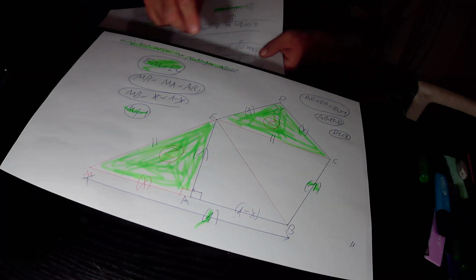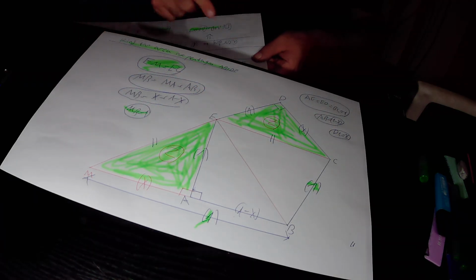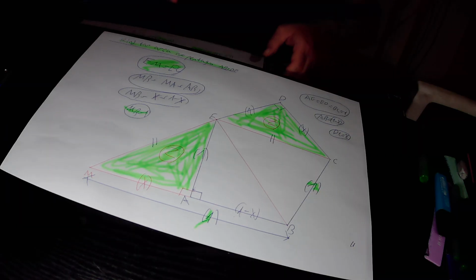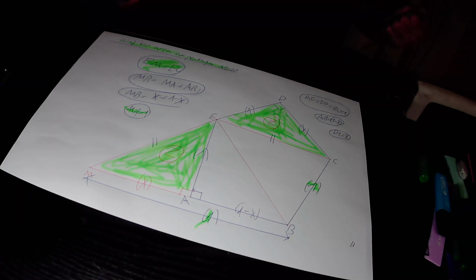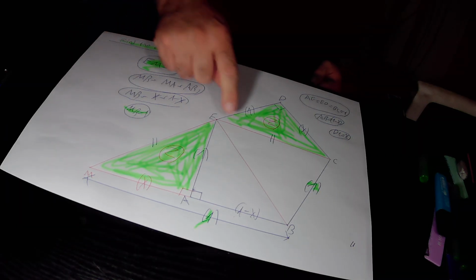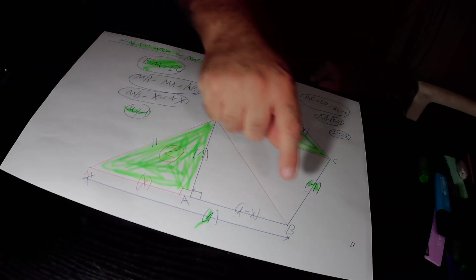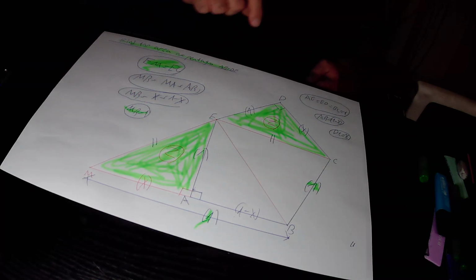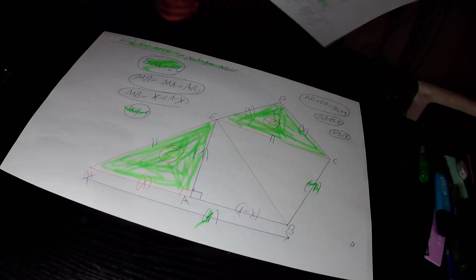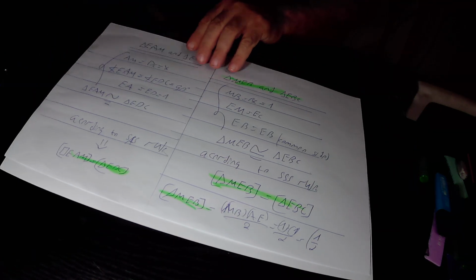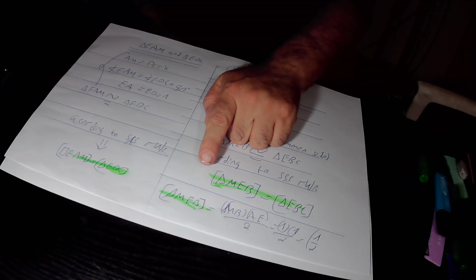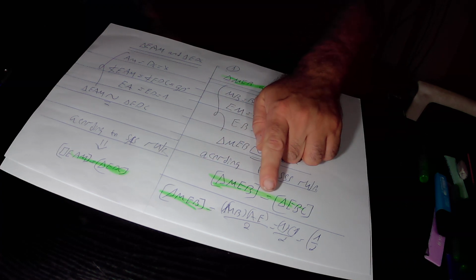In the next step, we calculated the area of this triangle MEB. The area of any triangle equals the base of the triangle times the height over 2. So the area of this triangle MEB equals the base MB times the height AE over 2.